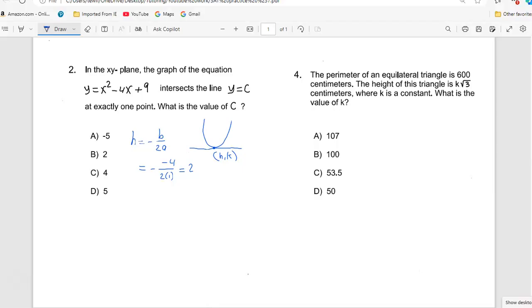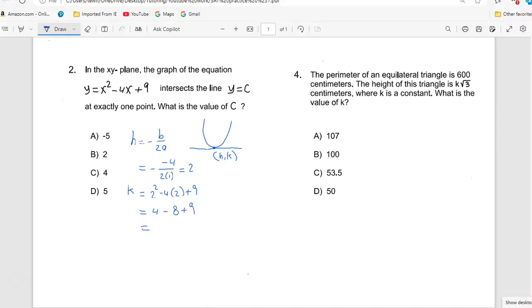Alright, so k, which is the value of y when x is 2, will be 2 squared minus 4 times 2 plus 9. 2 squared is 4, minus 4 times 2 is 8, plus 9.